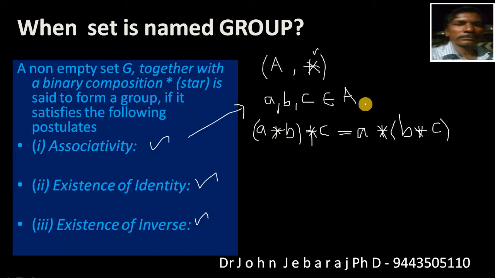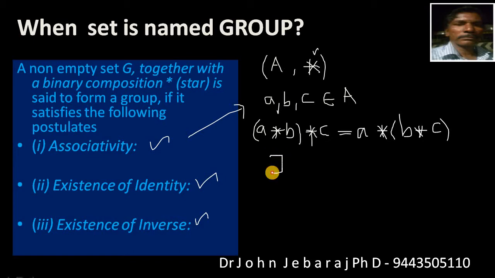Now what is the next property to be satisfied? That is existence of identity. What is existence of identity?